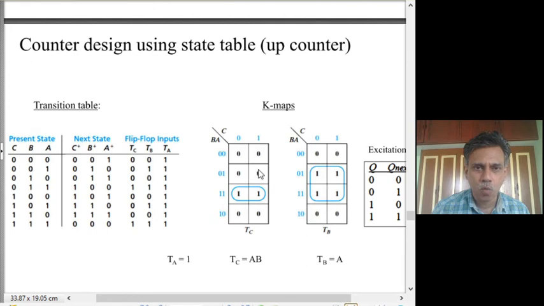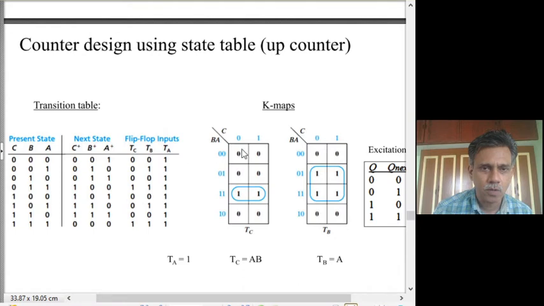For the C is equal to 1 column, you just look at the B and A, the last 4 rows. Again the order is the same excepting that there is a change in this one. So you simply read out the corresponding bottommost 4 entries of TC and then fill it in an appropriate manner.